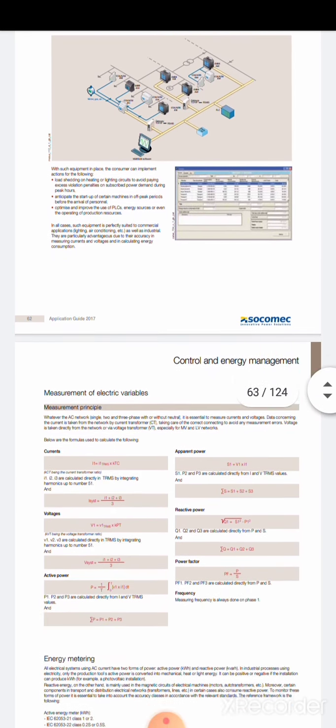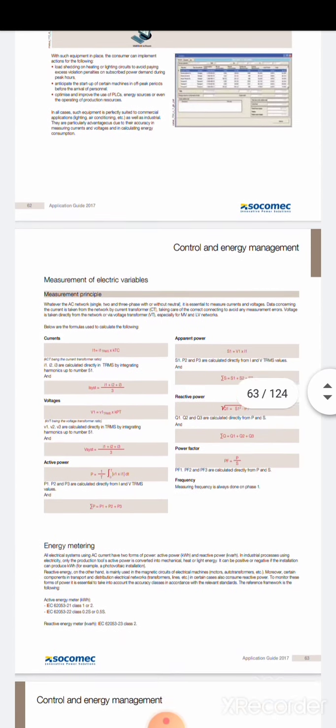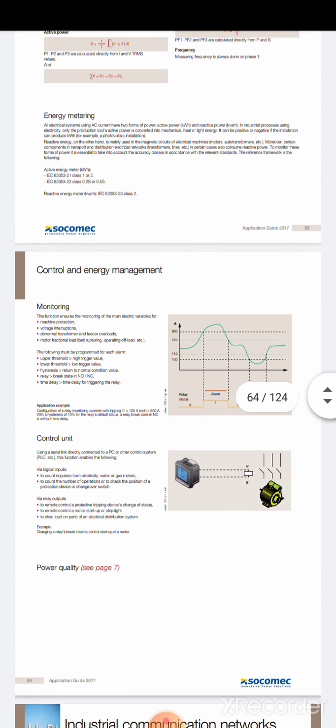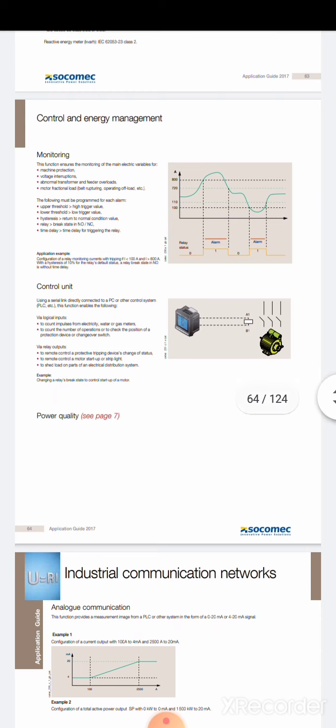All right, so then how we actually calculate the parameters, the alarm setting, the control unit, using a serial link directly connected to a PC or other control system. PLC function enables the following via logical inputs: to count impulses from electricity, water, or gas meters, to count the number of operations, or to check the position of a protection device or changeover switch.